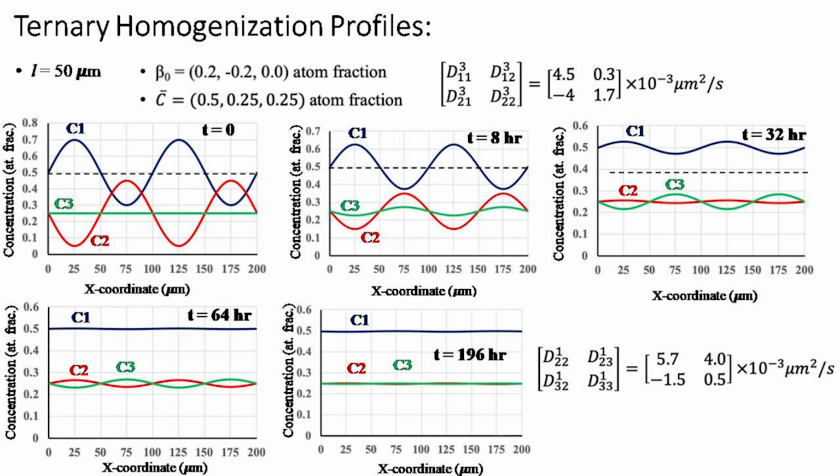To start with, if we look at the D21 and D22 values, D21 is highly negative and its magnitude is higher than the main coefficient of 2. So, we expect that the interaction of 1 on 2 will be great. But the flux of J2 is given as minus D21 dou C1 by dou x minus D22 dou C2 by dou x.